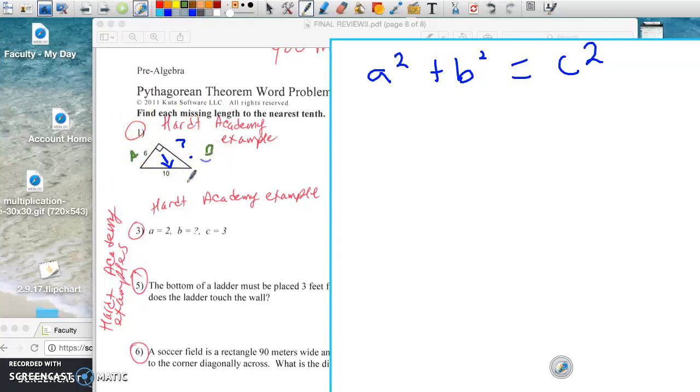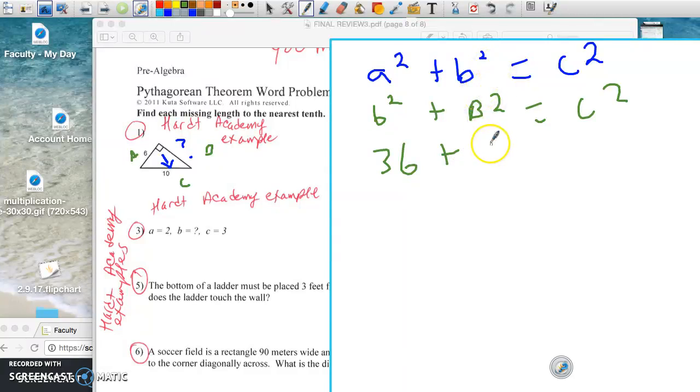So A squared, I have 6 squared plus B squared equals C squared. So 6 times 6, not 6 times 2, is 36, plus b squared, I don't know what b is, equals c squared. 10 times 10 is 100. Now what do we do?